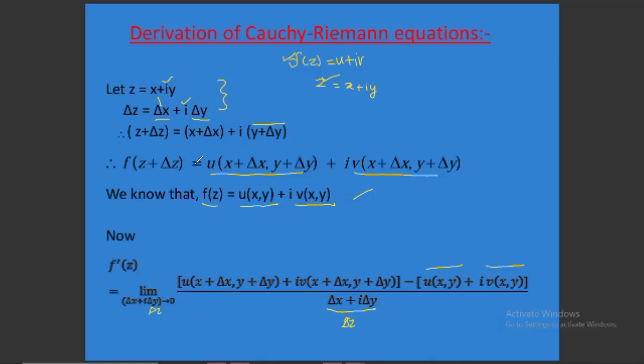I am just substituting all these values in f of z. So I think it's clear for you.